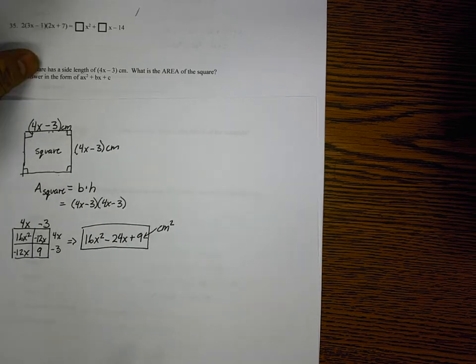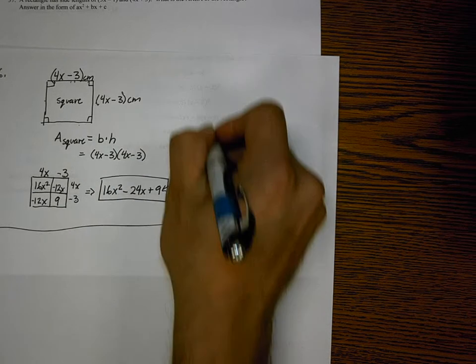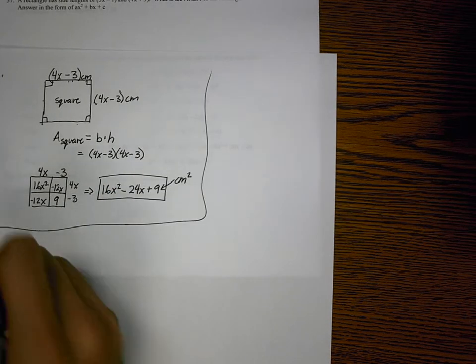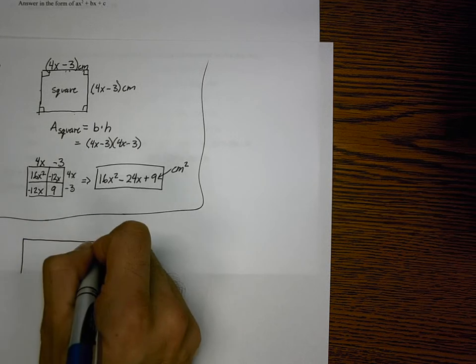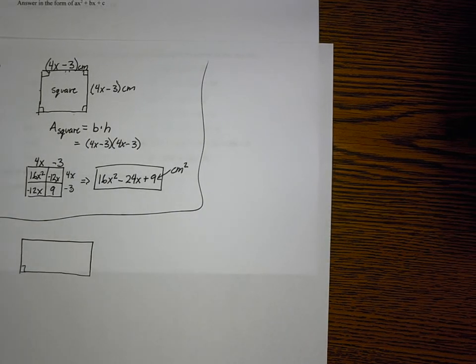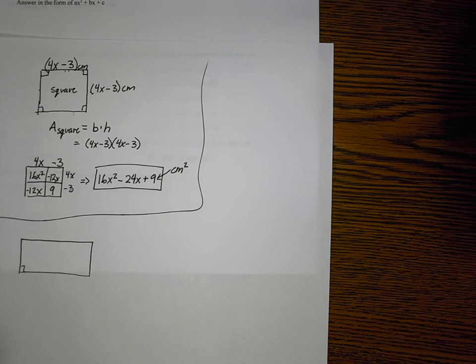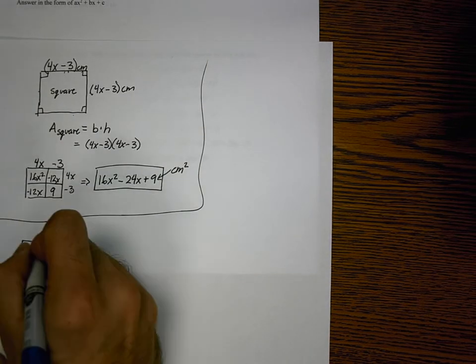So 37 works in a very similar fashion, except now we have a rectangle. We don't have a square. Right? So we still have right angles, but not all the side lengths are going to be the same. They don't have to be in a rectangle. But they give us the side lengths as 3x minus 1.